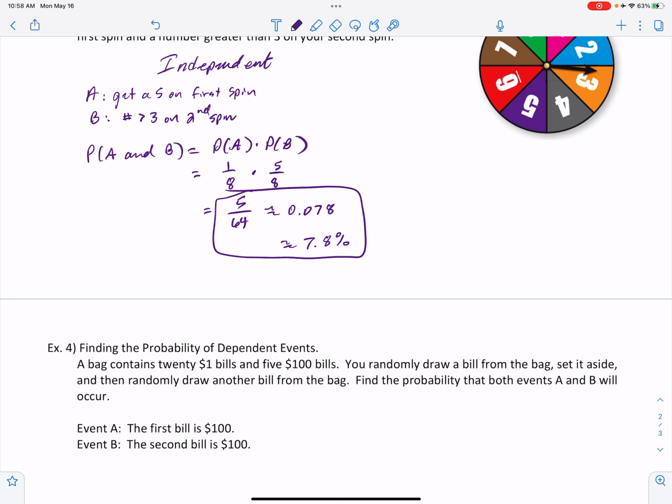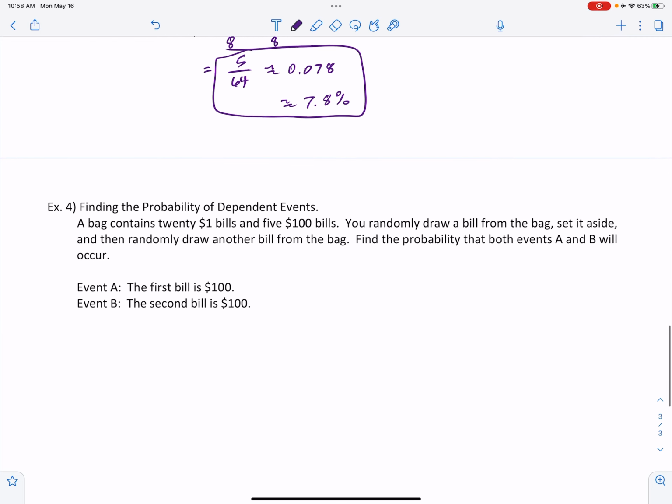So example 4. Find the probability of dependent events. A bag contains $20 bills and $500 bills. You randomly draw a bill from the bag, set it aside, and randomly draw another. So this is called drawing with no replacement. And when there's no replacement, we're going to be choosing dependent events.